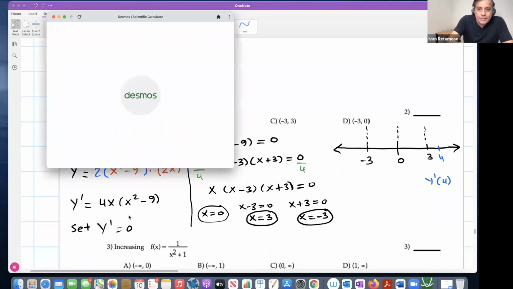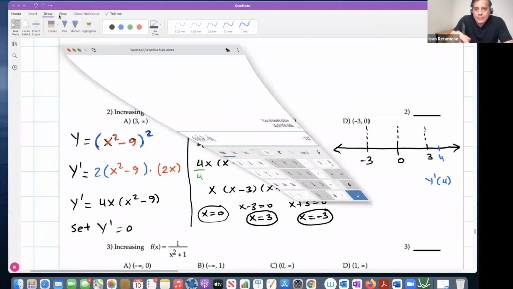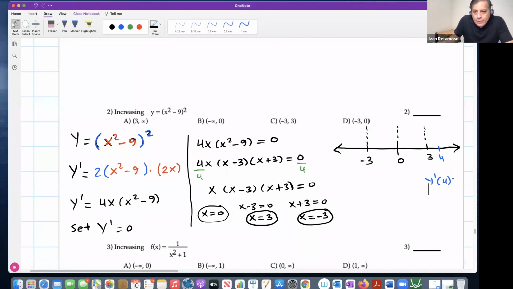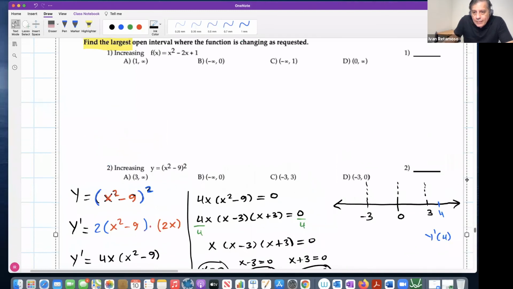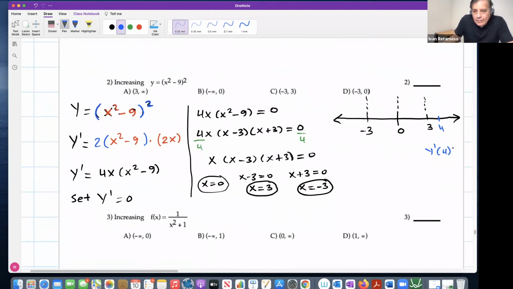Let's calculate it, right? 4 times 4 times (4 squared minus 9), that's 112, a positive number, right? 112 positive. So this guy is positive. Very good. So let's just move here. Yeah, great. All this is positive.